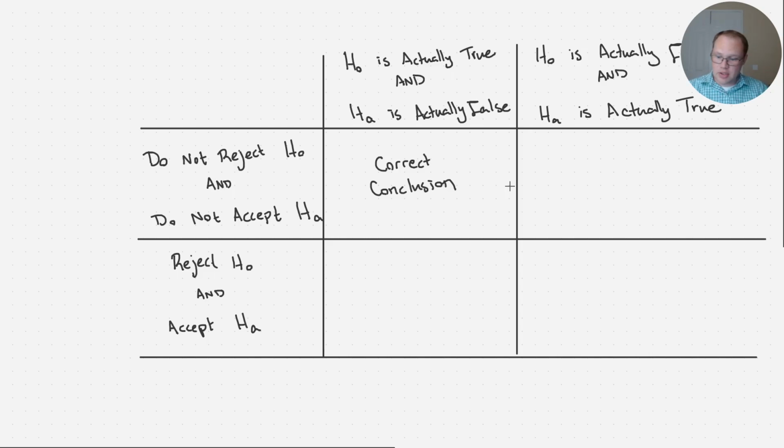The null hypothesis is actually true, so we don't reject it. Okay? The alternative is actually false, and we did not accept it. Okay? That's good. That's what we want. We want a correct conclusion to our hypothesis test.